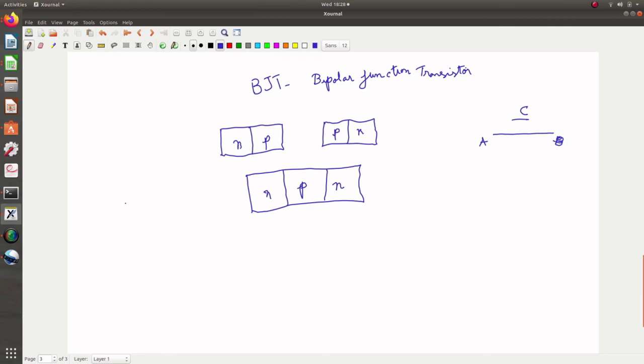There is another type of transistor known as the PNP transistor, where you have P, N, P.